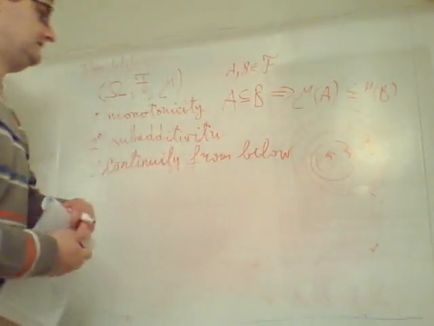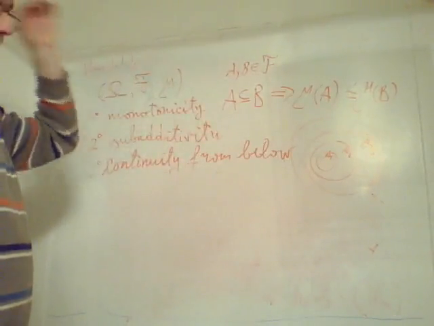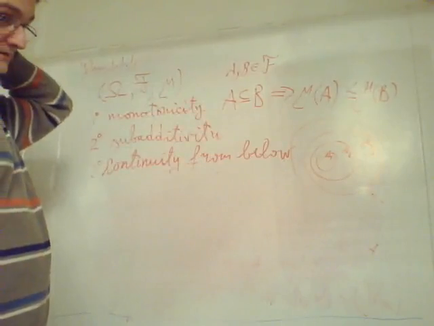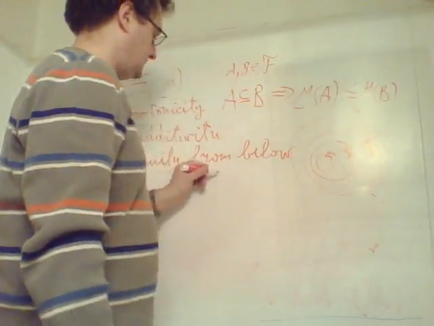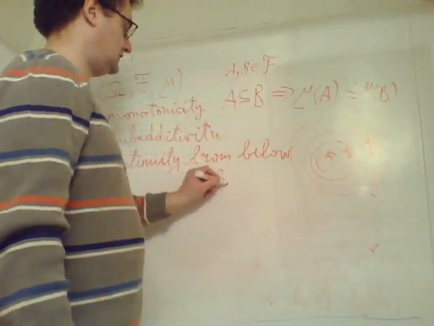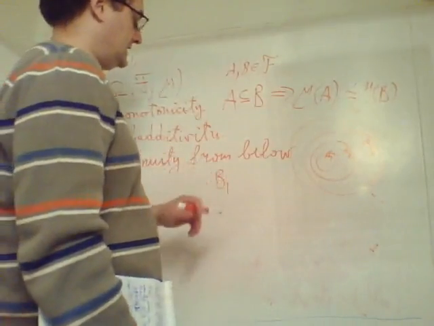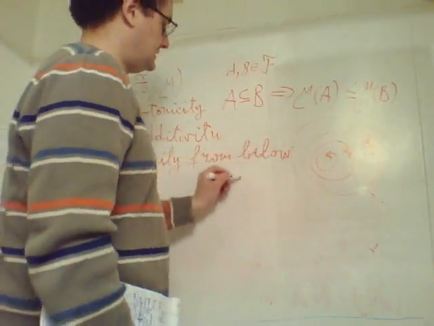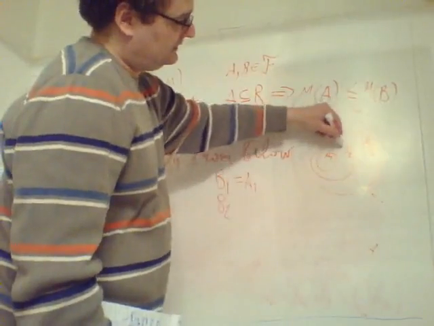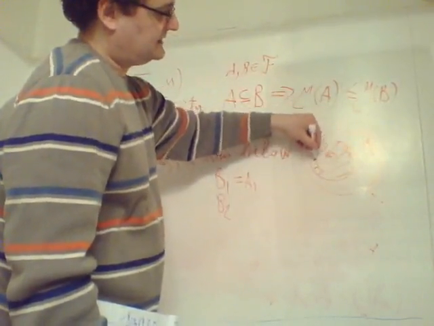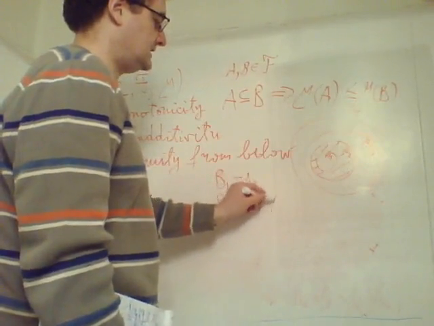So basically you take this union of An's and decompose it into a disjoint countable union. Take that disjoint countable union to be a set of Bn's. So B1 is A1, and B2 is going to be the contribution of the next term, so B2 is just A2 minus A1.